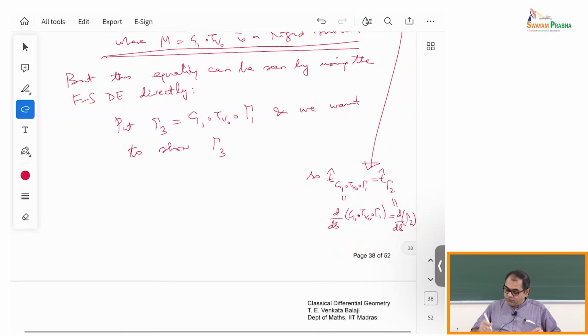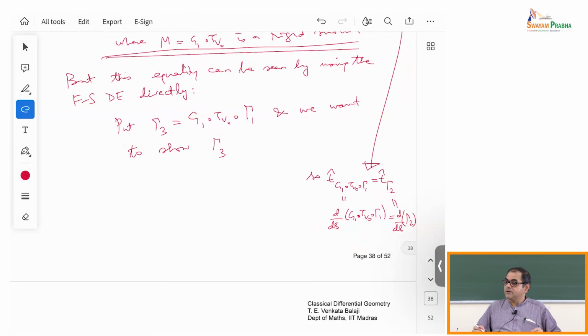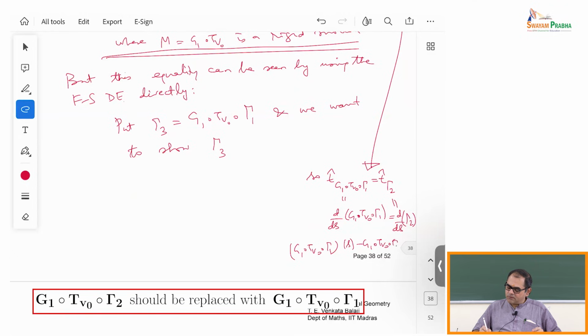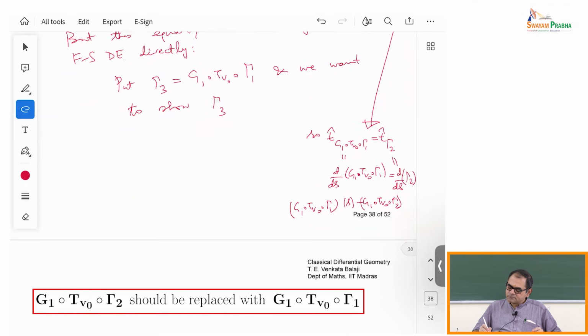Now what you do is you integrate from s0 to s. So what you will get is G1 circle TV naught circle gamma 1 at s minus G1 circle TV naught circle gamma 1 at s0. This is the integral from s0 to s of d by ds of G1 circle TV naught circle gamma 1.